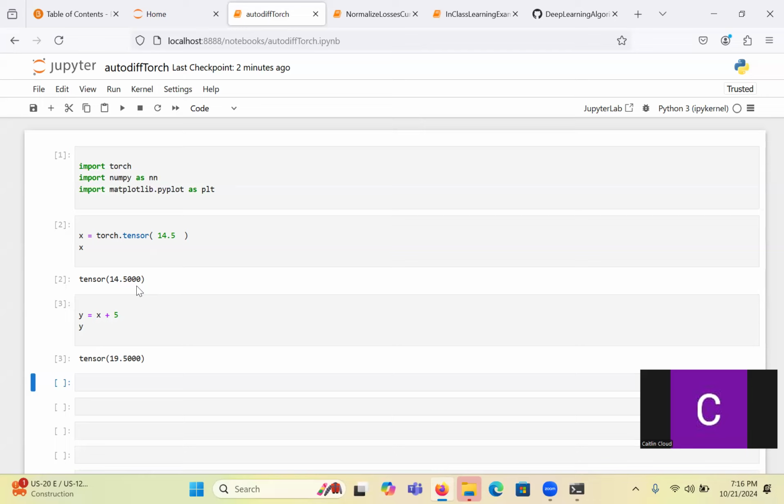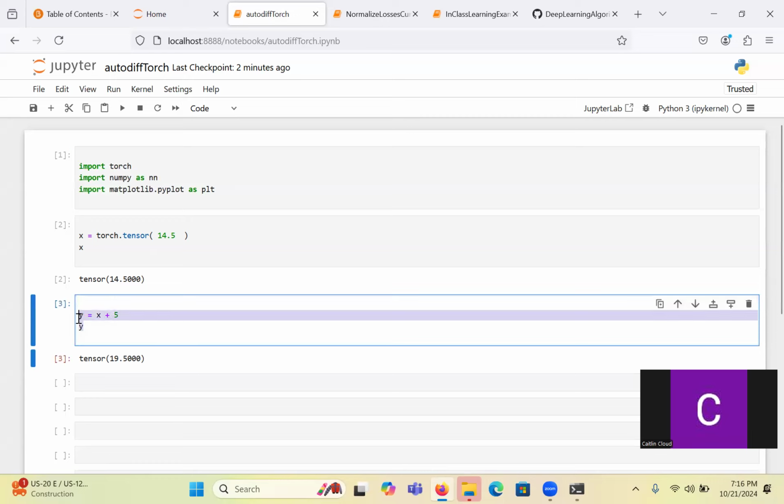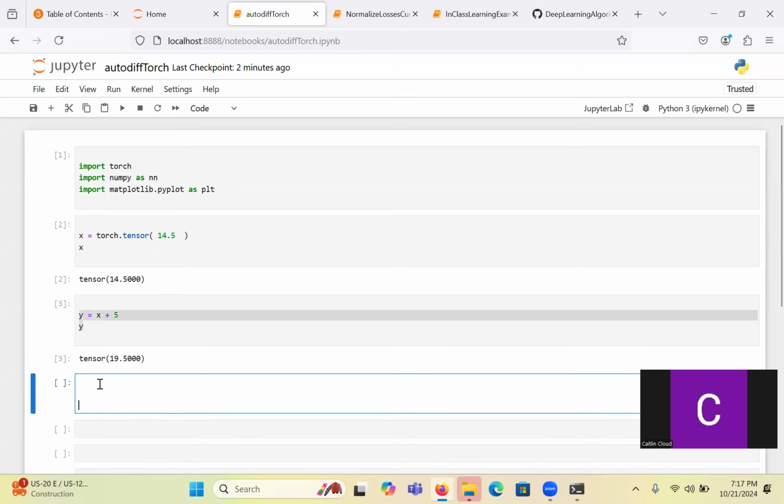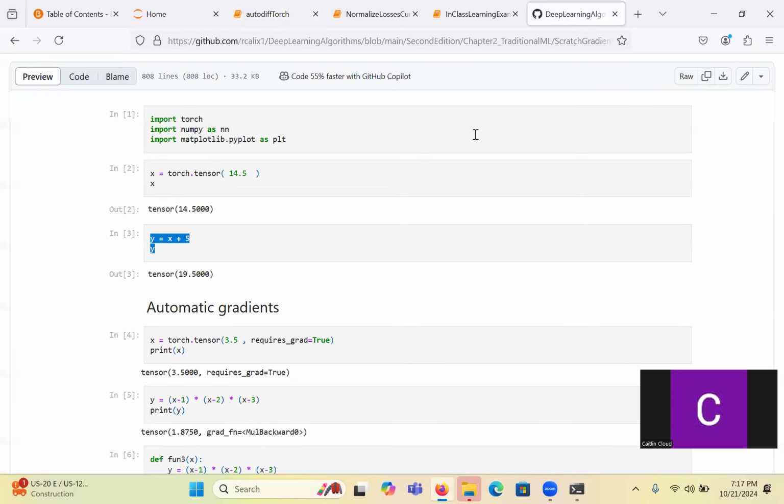It's the exact same thing. All these functions, taking tensors and running them through the functions. Remember, as you start doing this, this actually starts to become a computational graph, basically, in the inner workings of Torch. All right, so we've created that.